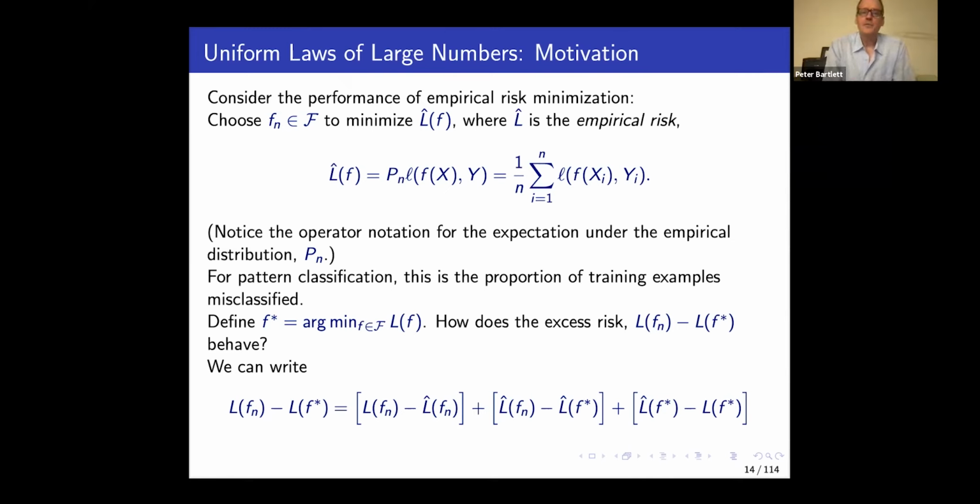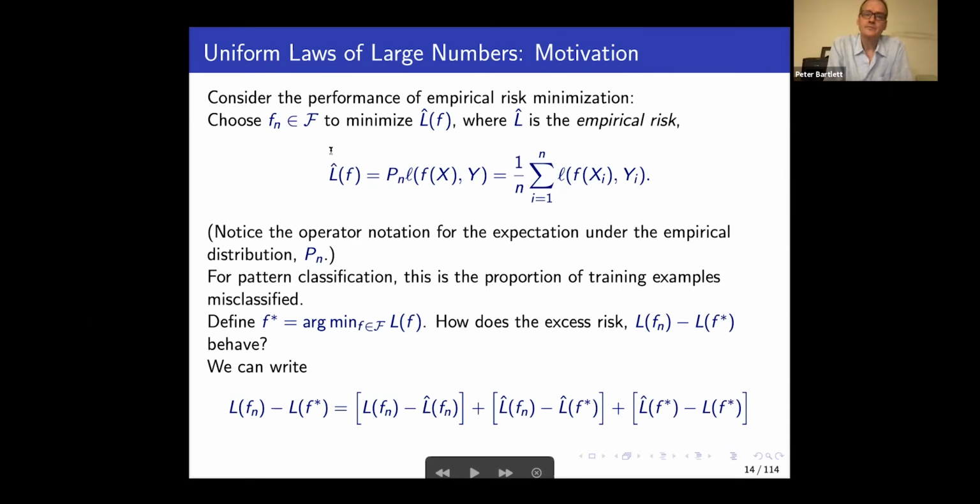So we can replace the risk, which is the expectation of this loss function, by a sample average of that risk. So an expectation under the empirical distribution, the average over the training data that we see.